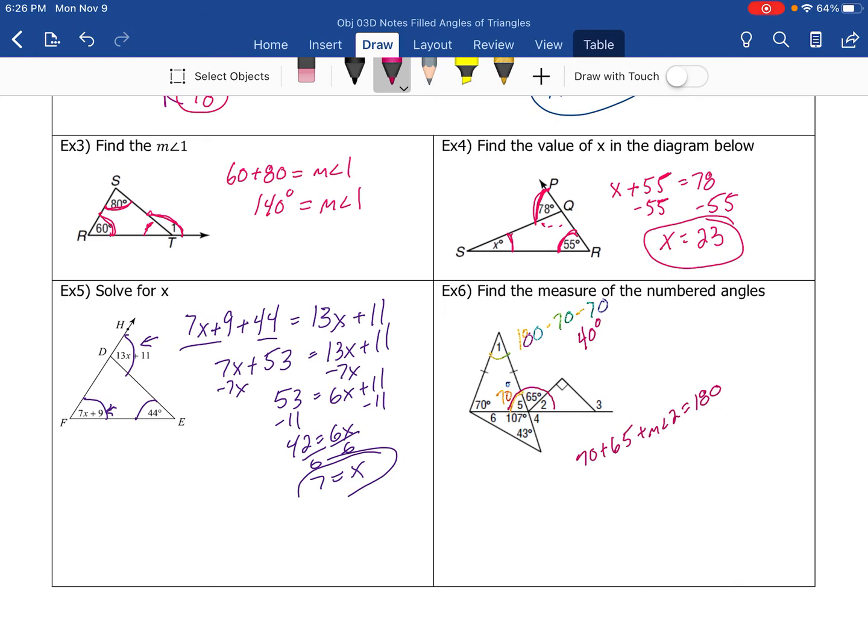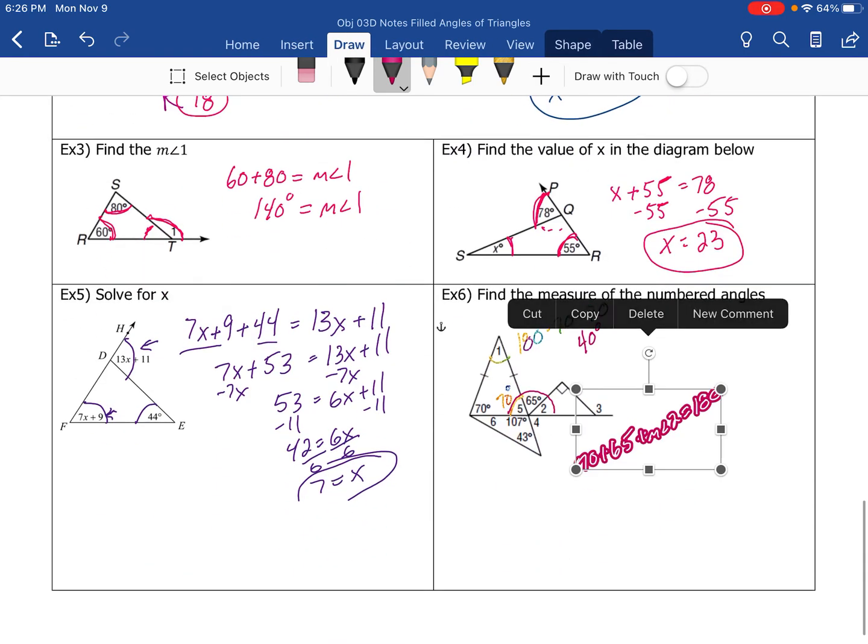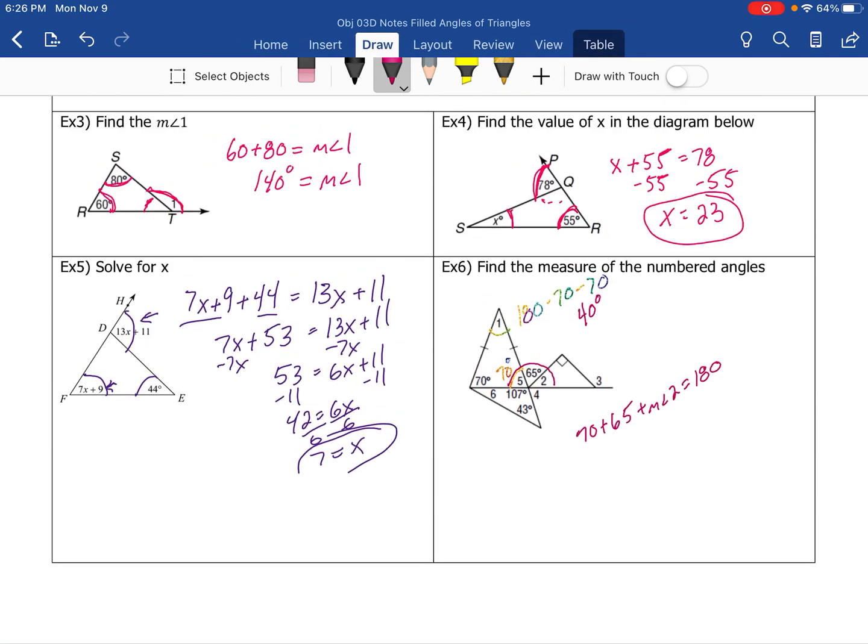So I can subtract, so that's going to be 135. Sorry about that. Okay. 135 plus the measure of angle 2 is equal to 180. Subtract 135, subtract 135. So the measure of angle 2 is equal to 45 degrees. So there's our 45 degrees.